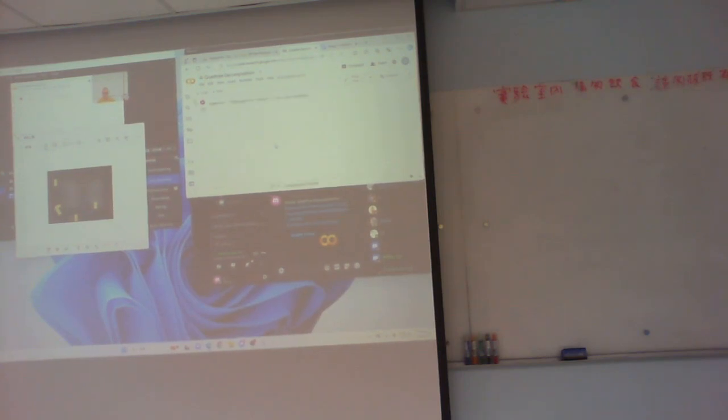Let's see what that is. Convert it to a NumPy array first.